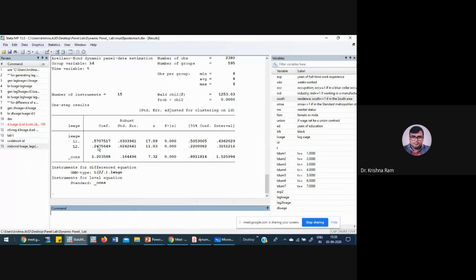They just said that wage depends greatly on past wage, with lagged weights of 0.57 and 0.27. Instead of this general interpretation, it might be something like this: if the immediate previous year wage rises by 1% across cross-sectional units over a period of time, then on average the current year wage value rises by 0.57%.